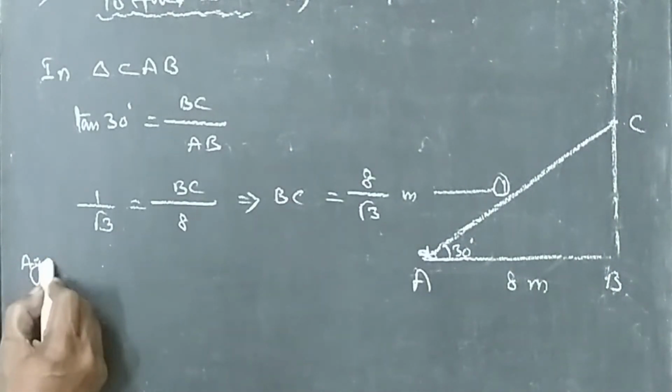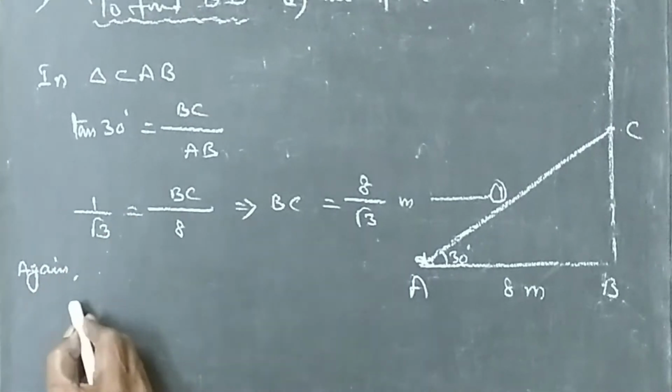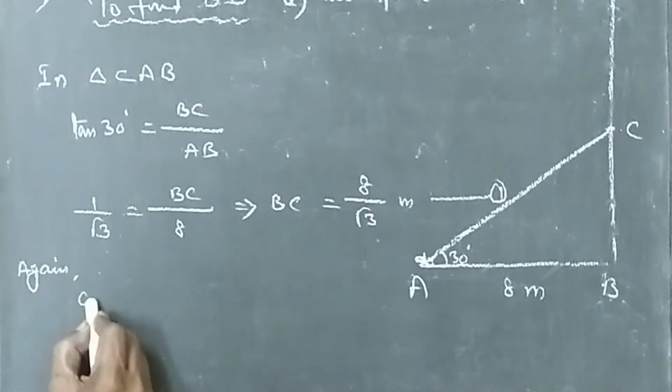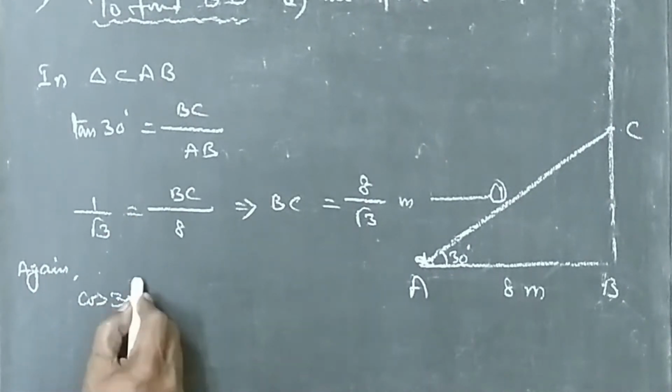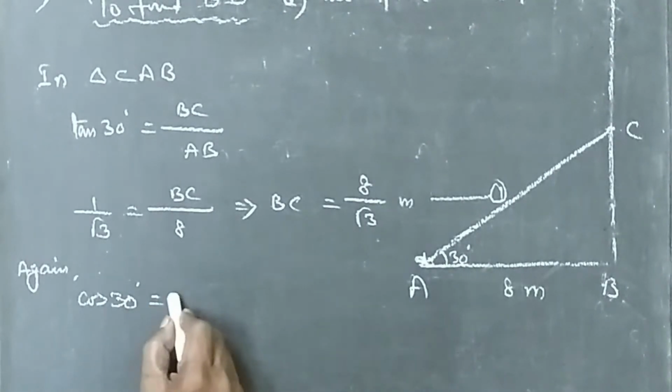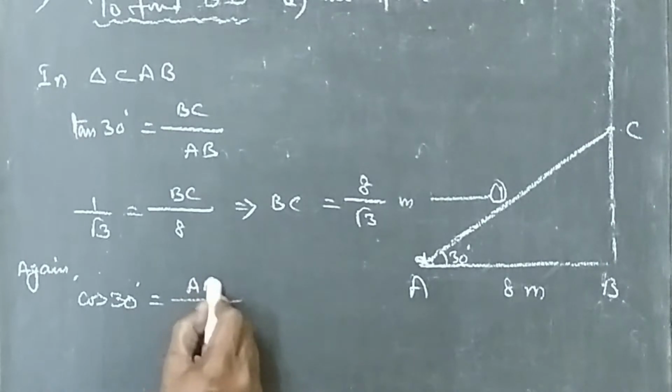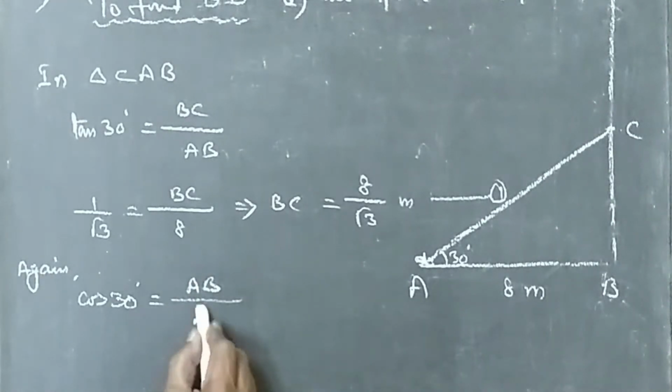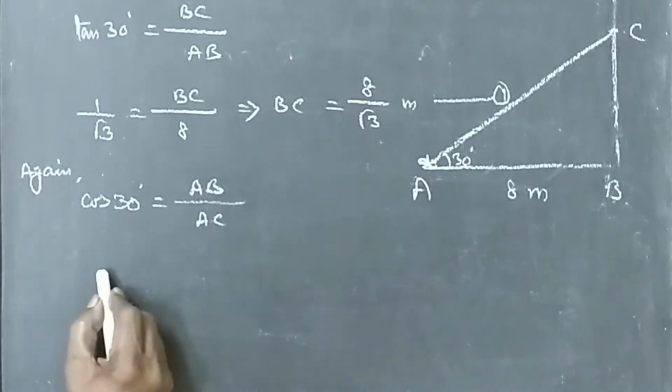Again, cos 30 is equal to adjacent side by hypotenuse. Cos 30 is root 3 by 2.